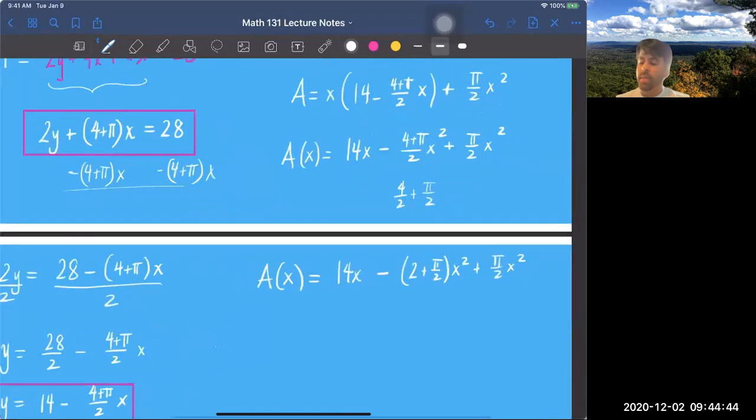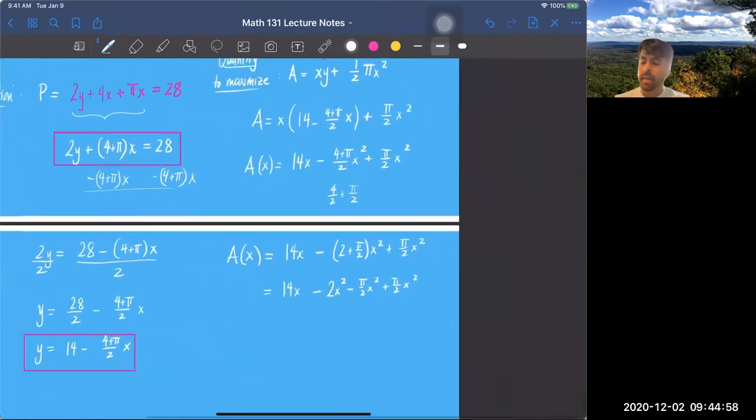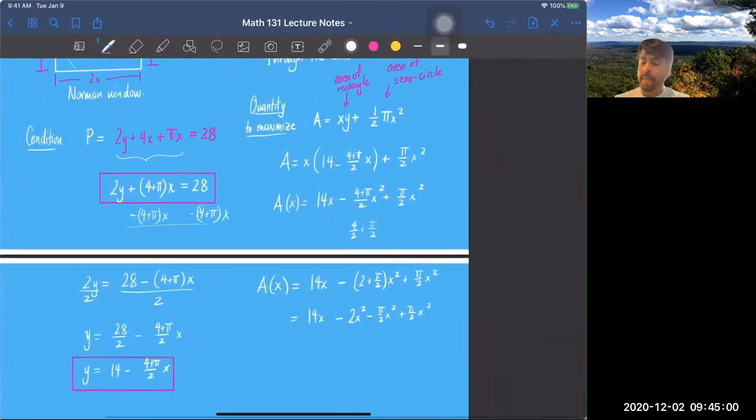Now, why do I do this? Because look what happens. I get 14x minus 2x squared minus (pi over 2) x squared plus (pi over 2) x squared. Now that's interesting because the pi's cancel out.